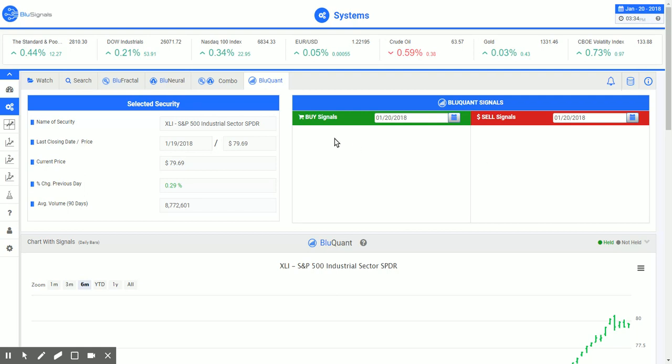If you notice, unlike the other system tabs, there's no selection opening here for you to enter a symbol that you may be interested in trading or have researched. BluQuant is a closed system.